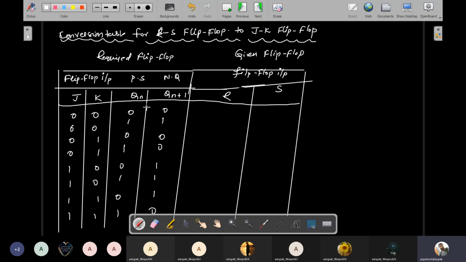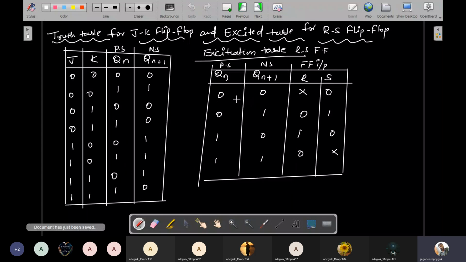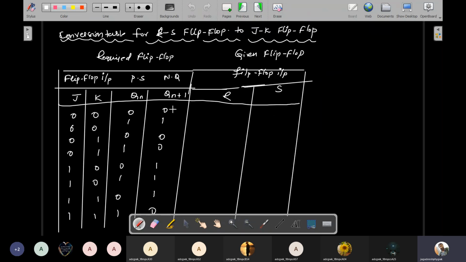Okay, so using this table you can write. Once again come to this excitation table. If both Qn and Qn plus 1 are 0, then you take R value as don't care and S value as 0. Here 0 0 means R is don't care and S is simply 0.